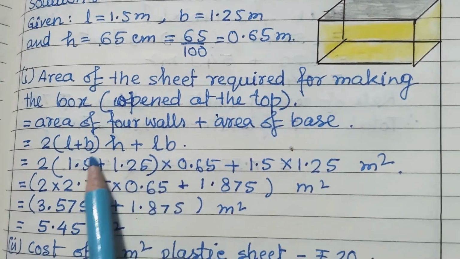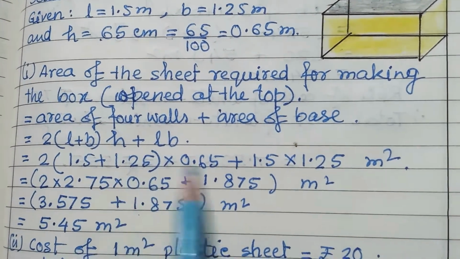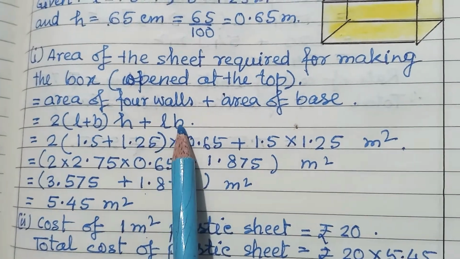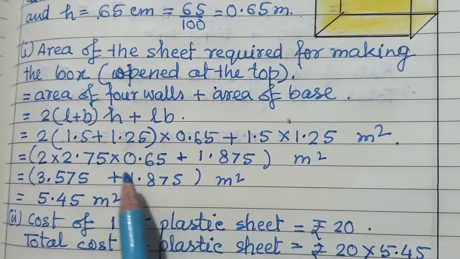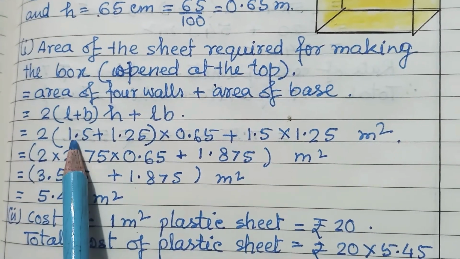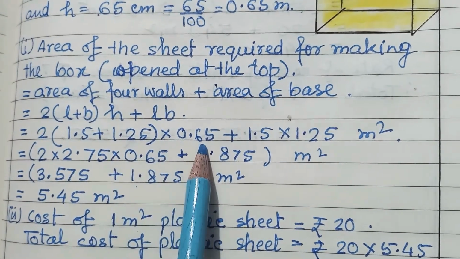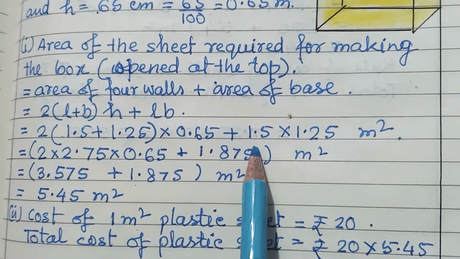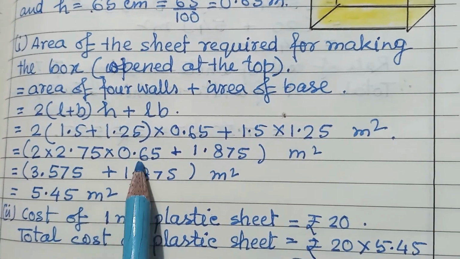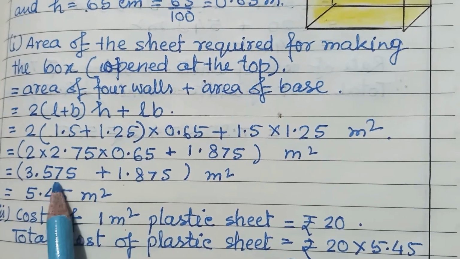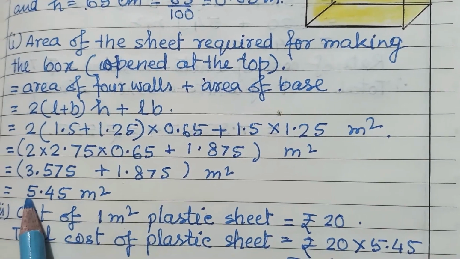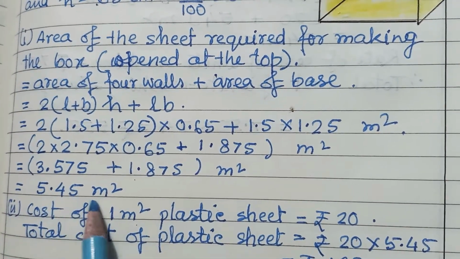You must write the formula, then put in the values, otherwise sometimes the whole answer comes wrong. Length into breadth is the base of the box. If you calculate it, it is 3.575 plus 1.875, that is a total of 5.45 meter square.